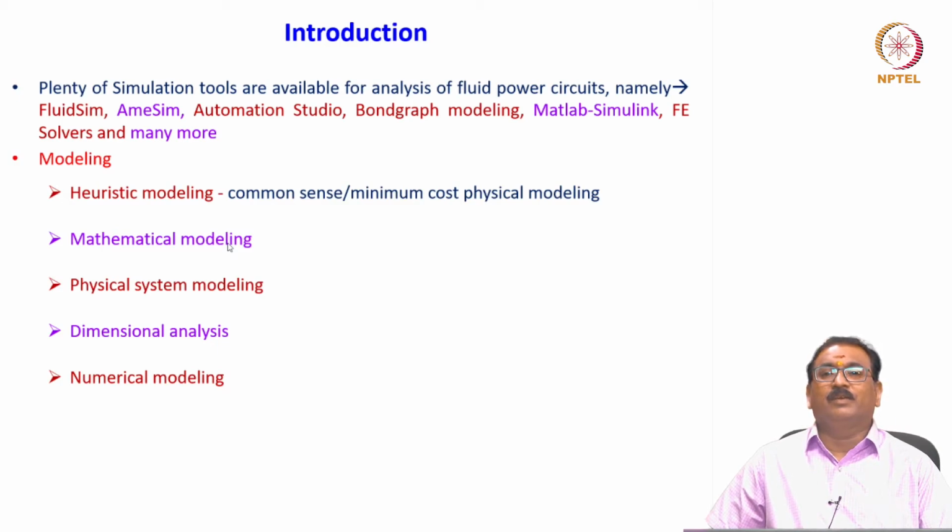Numerical modeling is very quick, but you may not get 2 plus 2 equal to 4. Numerical models are like finite element models, lumped simulations, correct. They are approximated models, but they give very quick results, but the user has to identify whether the simulated results are correct or not. When people do numerical simulation, it requires mathematical modeling or experimental results to validate the numerical results.